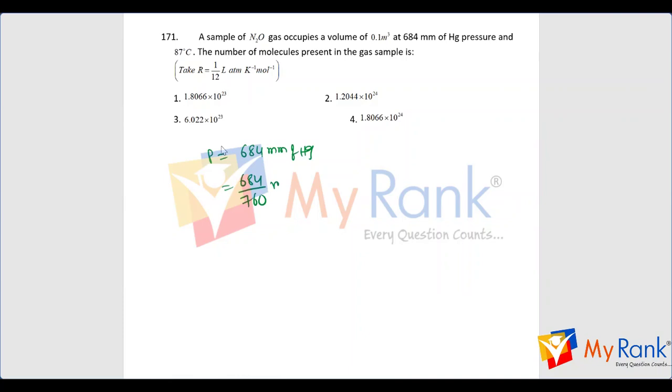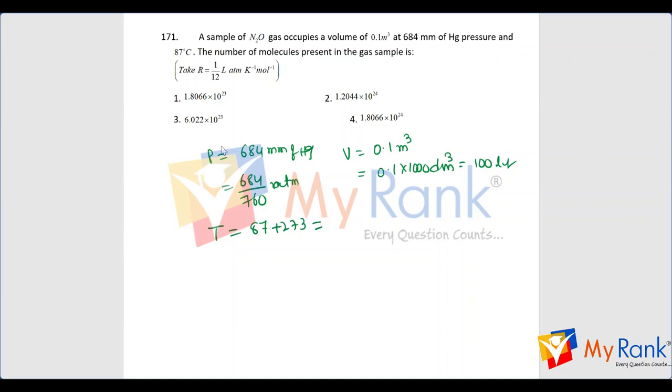The volume is 0.1 meter cube, which in liters is 0.1 into 1000 decimeter cube, equal to 100 liters. And the temperature is 87 degrees centigrade plus 273.